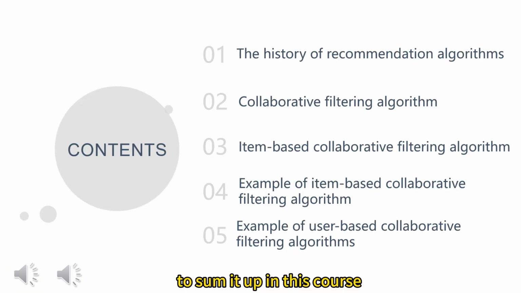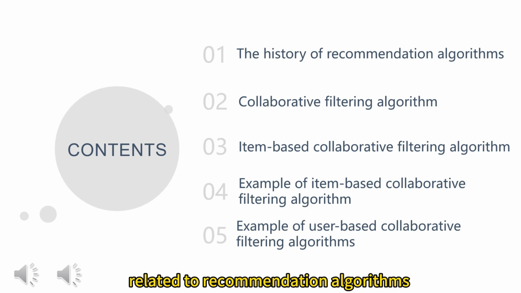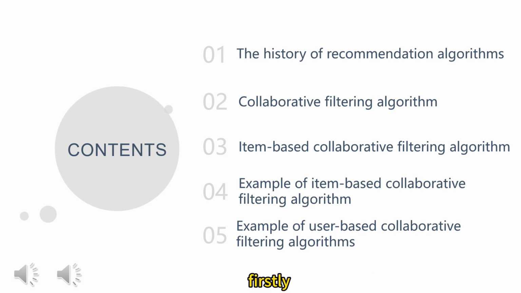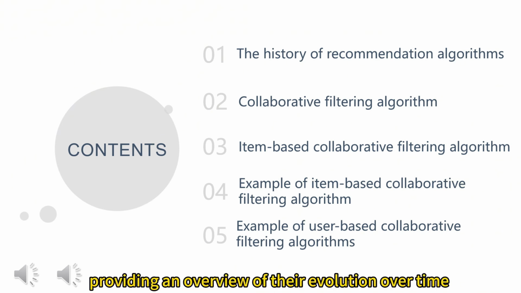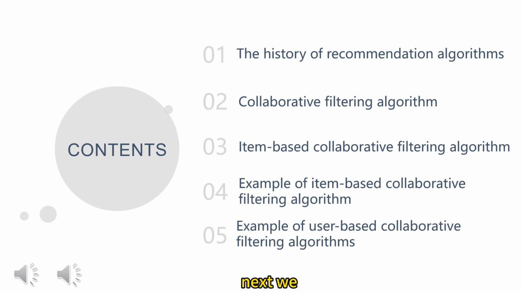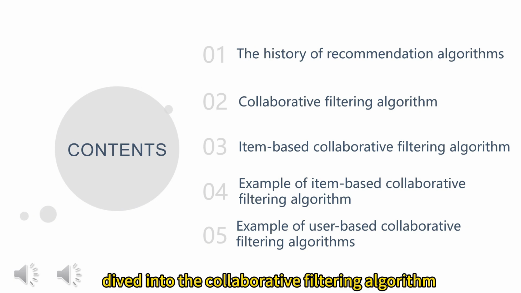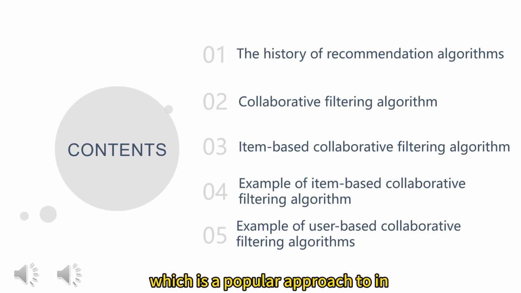To sum it up, in this course, we covered several key topics related to recommendation algorithms. Firstly, we explored the history of recommendation algorithms, providing an overview of their evolution over time. Next, we dived into the collaborative filtering algorithm, which is a popular approach in recommendation systems. We discussed how it leveraged the similarities between users or items to make recommendations.